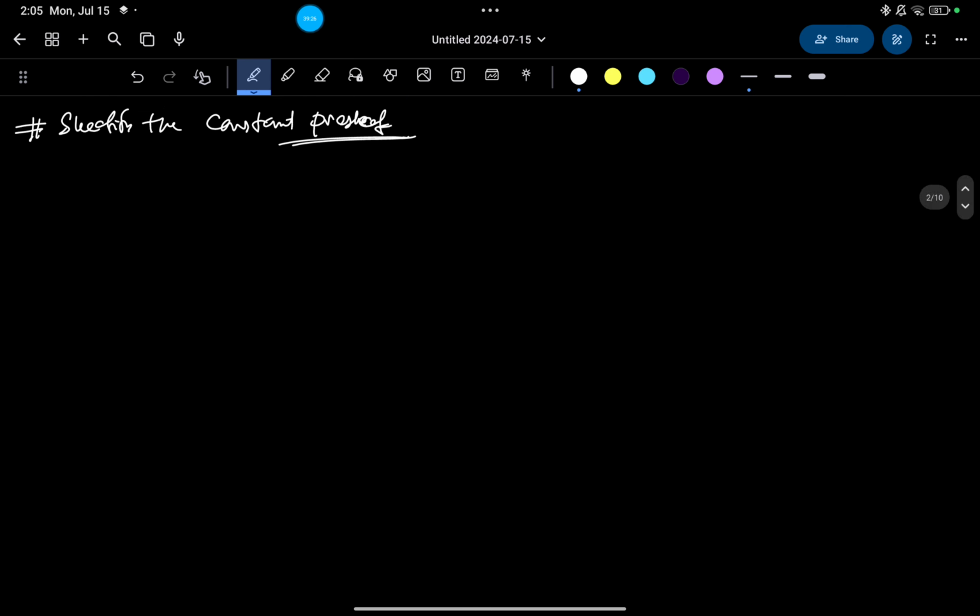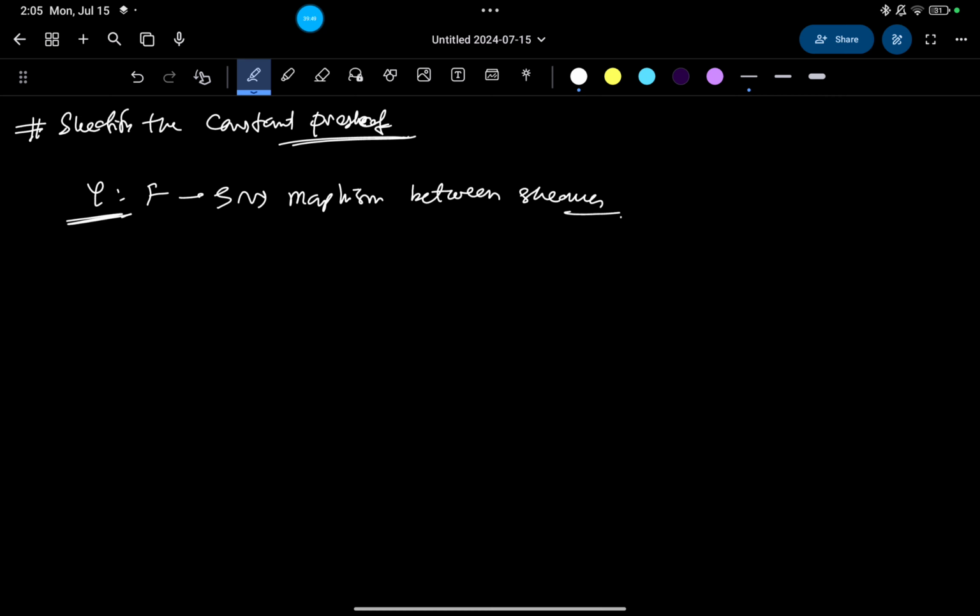So now let me give some more implications on kernel sheaves and image sheaves. So suppose I have phi from, let's say, F to G, a morphism between sheaves, right?